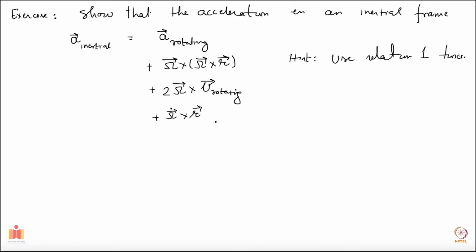So what does that all mean? It means that if you are looking at, for example, some object which is moving around and experiencing some forces, then I know that the forces according to Newton's second law is this. Okay, that's Newton's second law. It says that the force is mass times the acceleration in the inertial frame.